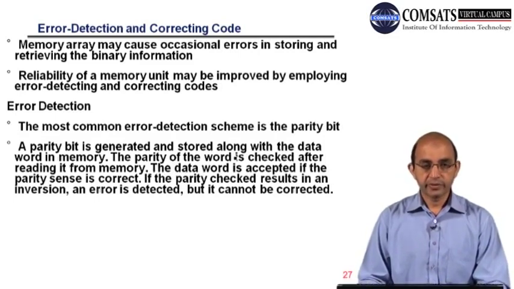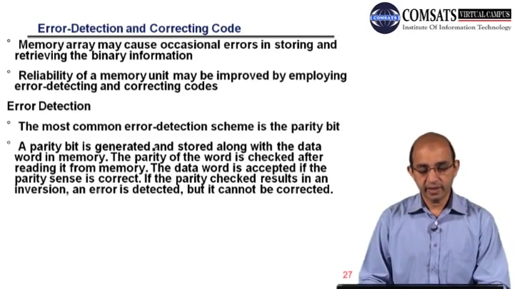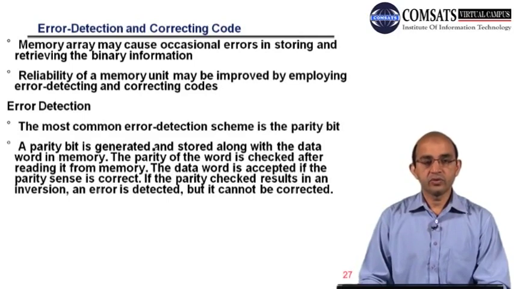In order to ensure the reliability of that data, we need to make sure that we are retrieving or writing the correct data. For that we need to detect errors, and after the detection we have to rectify the errors.